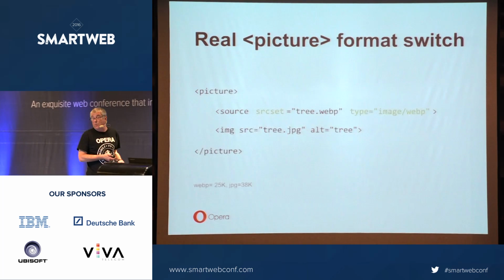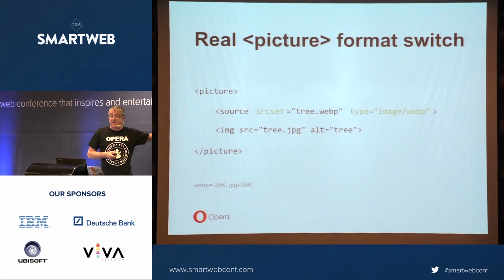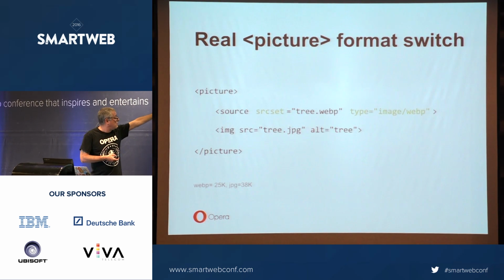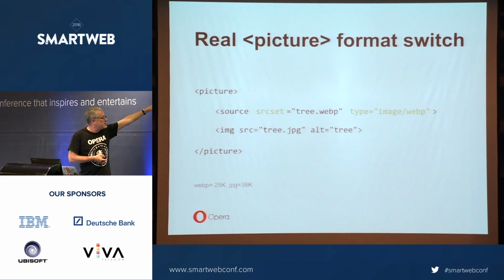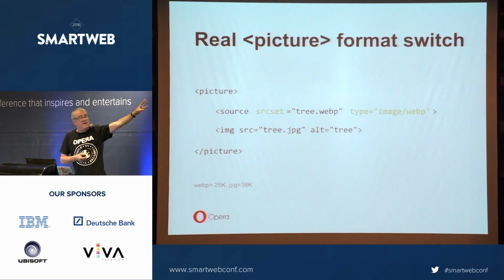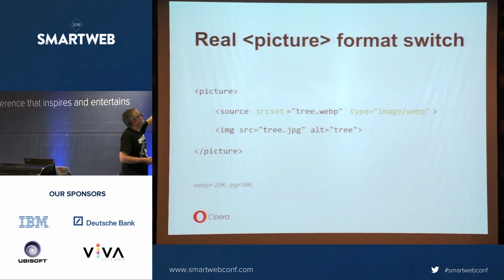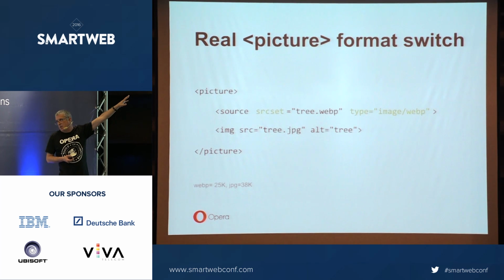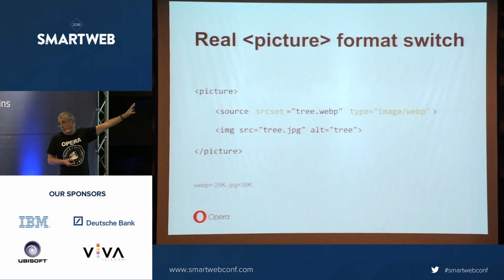So basically, we stole this and we made this. The source element is there with a source set. I'm giving tree WebP, and I'm saying it's a WebP style image. And the fallback, as usual, is a JPEG. So if IE6 sees this, it will grab tree.jpg.